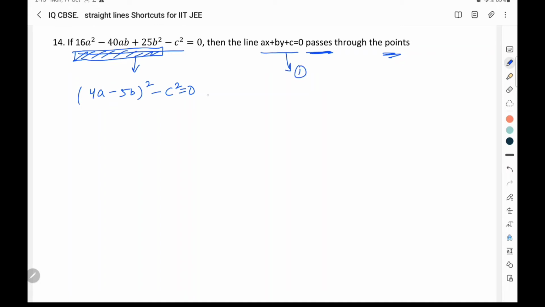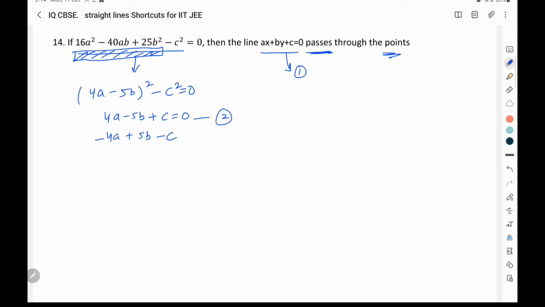This is equation 1. From this I will get that this is nothing but a square minus b square model, right? So (a plus b), equation number 2, and similarly from this I will get 4a plus 5b plus c minus c, (a plus b) into (a minus b).